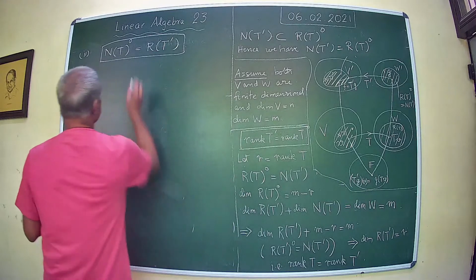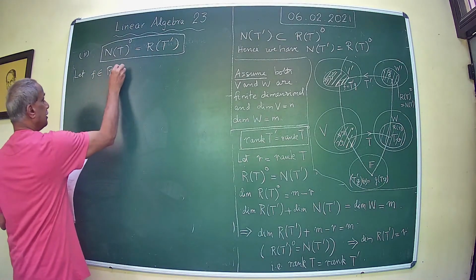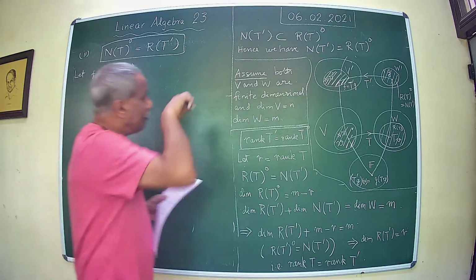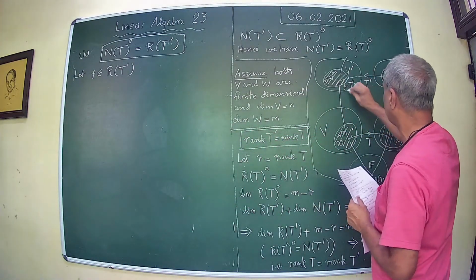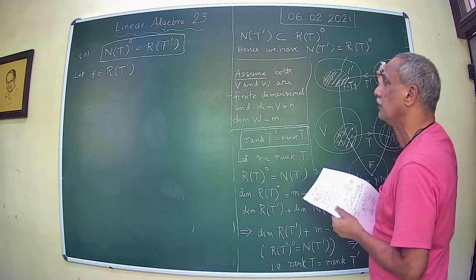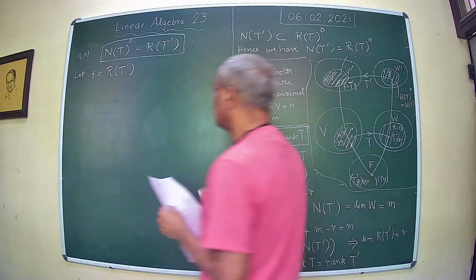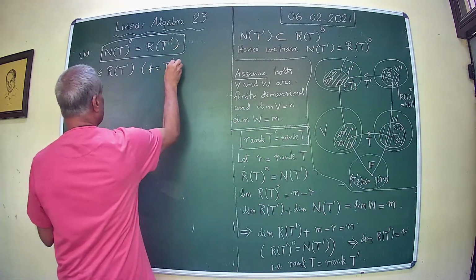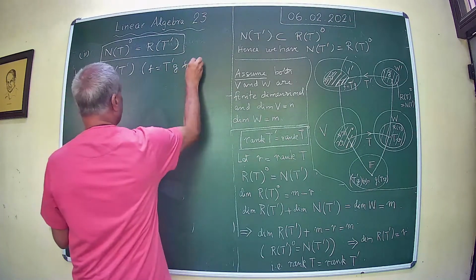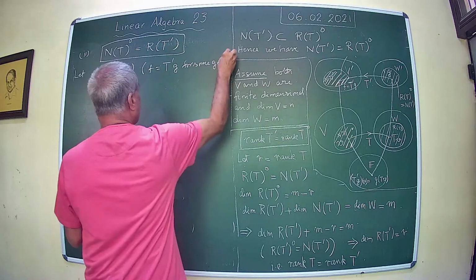Now let F belong to the range of T prime. What I mean is that I am taking an F which is equal to T prime G for some G belonging to W prime.